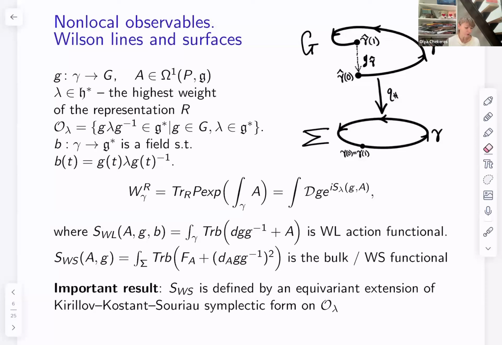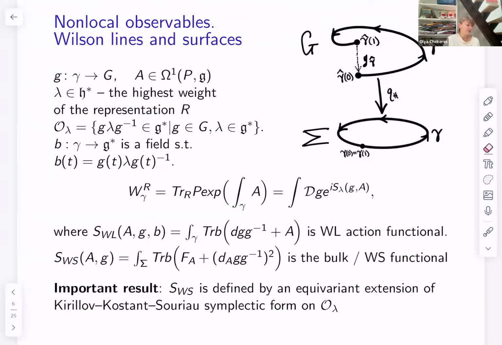This was also shown by Kirillov, and I guess not just by him, also Kostant and Souriau were defining the symplectic form on the coadjoint orbits. Nevertheless, the path integral presentation for the Wilson line works in the following way.